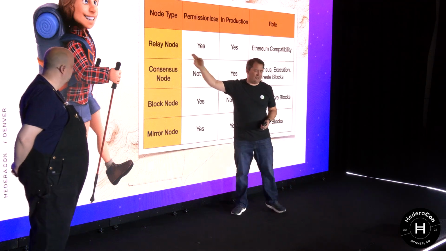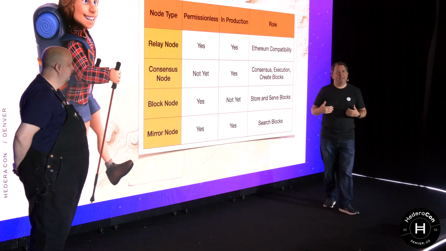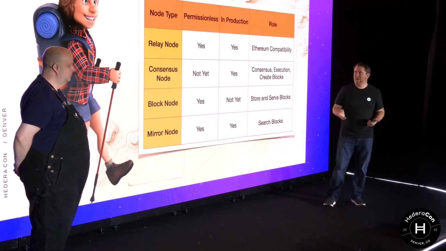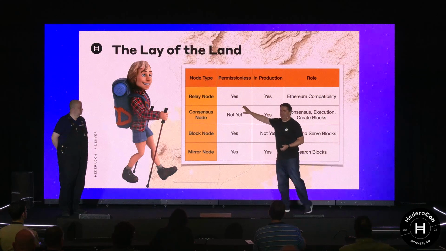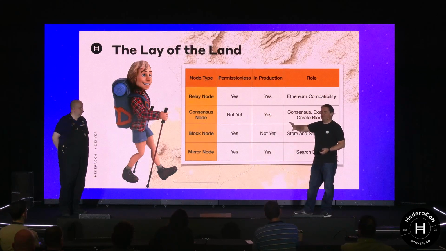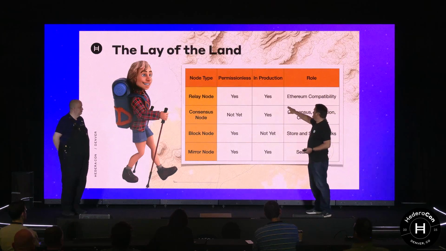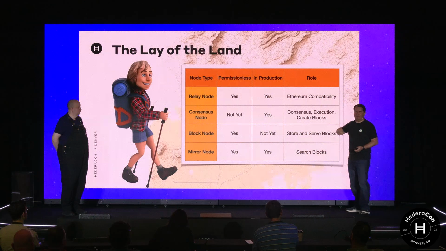The first thing we have on here is a relay node. You heard about the JSON-RPC relay in the last session, and you may have been wondering what the heck that thing is. A relay node is a totally permissionless node. Anybody can run a relay. In fact, there are many companies that run supported relays, and it is in production. It provides the Ethereum compatibility.